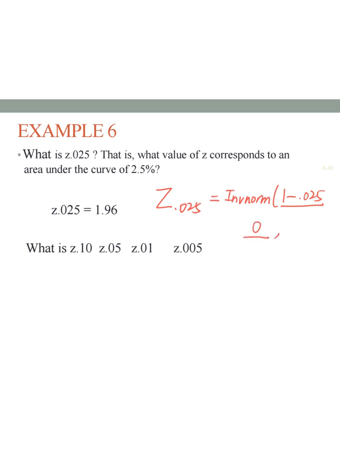Your second input is 0, your third input is 1. Okay, and also it's good practice to try Z.1, Z.05, Z.01, and Z.005.